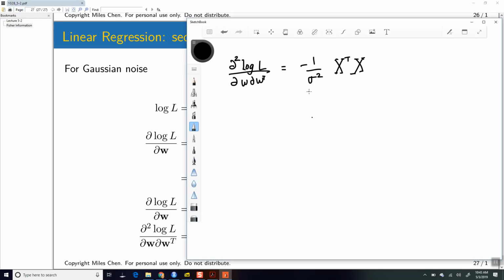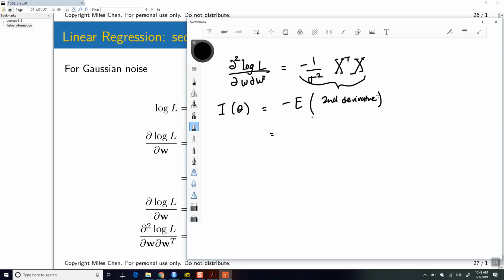One is that the Fisher information is basically the negative expectation of the second derivative, which we plug in there.